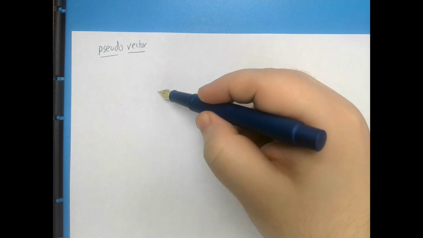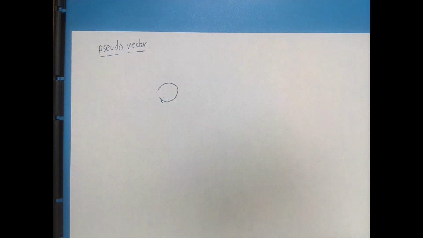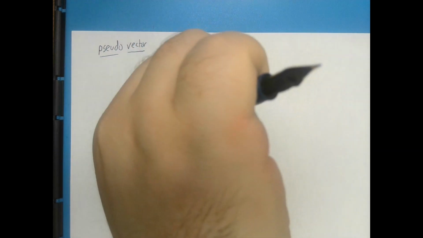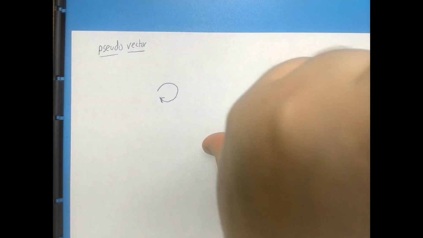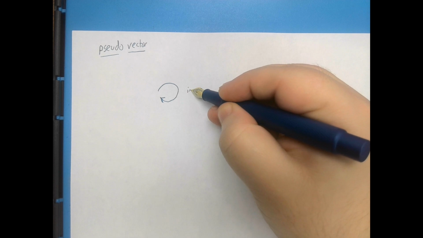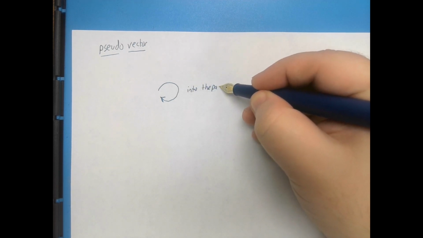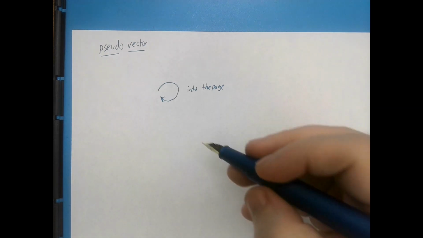So if something was spinning clockwise, we can use the right-hand rule. We wrap our fingers around in the same direction it's spinning, and we point our thumb down. So this would go down into the page. That's where it would be pointing.